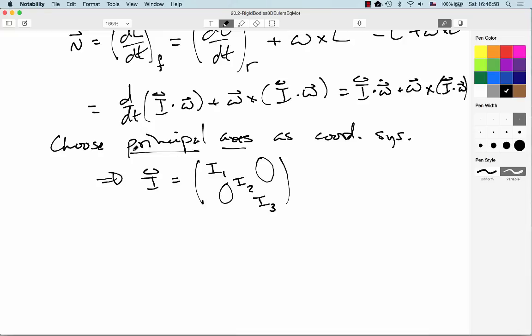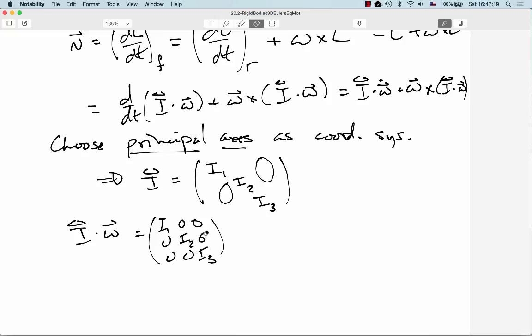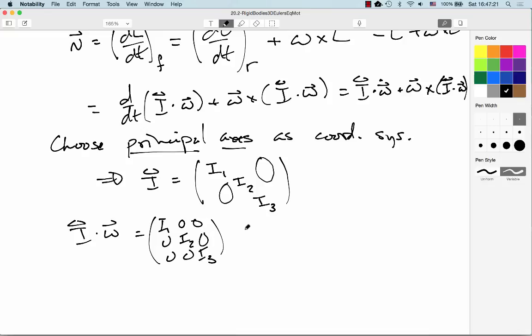So we can go ahead and evaluate our I dot omega, and also our I dot omega dot. So I dotted into omega is just going to become the matrix I1, 0, 0, 0, I2, 0, 0, 0, I3, multiplying omega 1, omega 2, omega 3. Now that just evaluates to I1 omega 1, I2 omega 2, I3 omega 3.